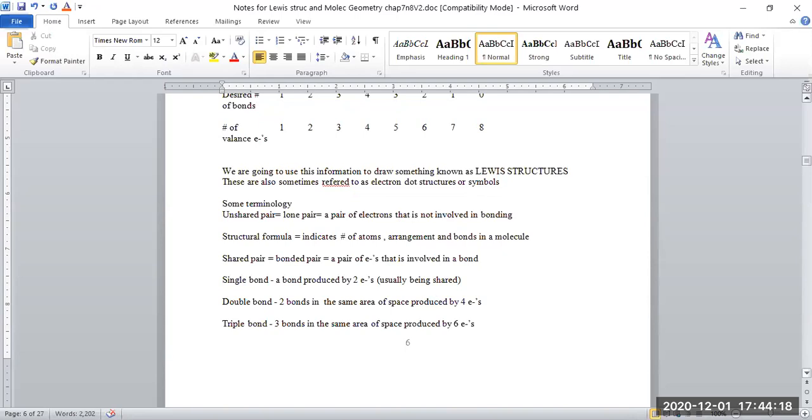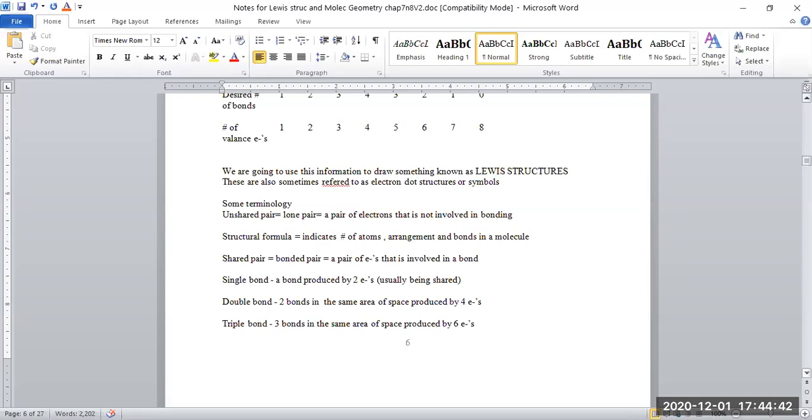Two bonds in the same area. You will often see these looking a bit like an equal sign between two atoms because it's two straight lines. And then we have a triple bond, three bonds in the same area, which is 6 electrons.